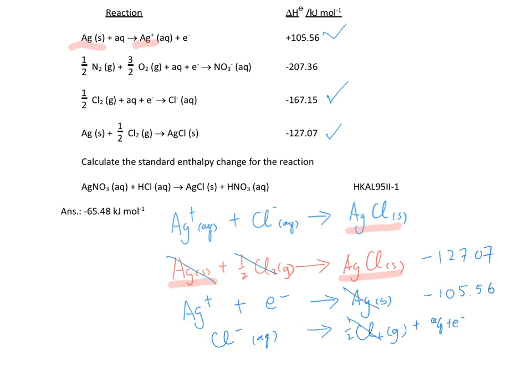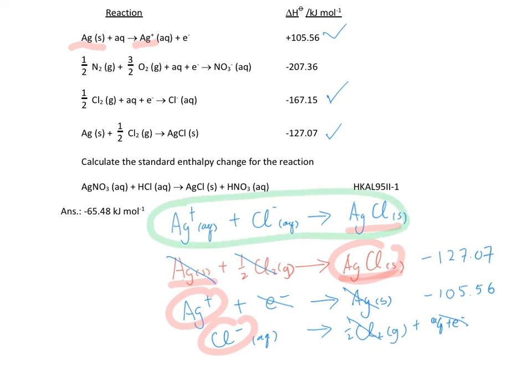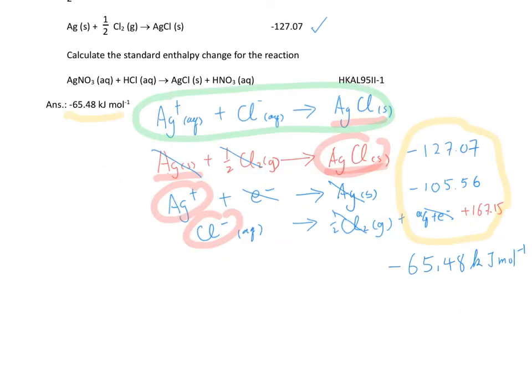And after we have crossed out the electrons and the unwanted materials, the materials left are the equation that we want. Then we add up all the energy change here, and we may obtain the answer. And this is the answer.